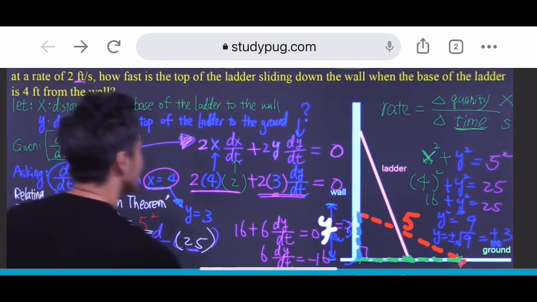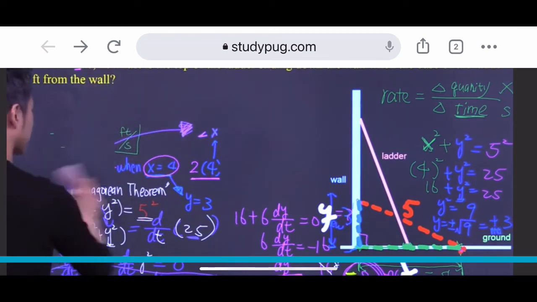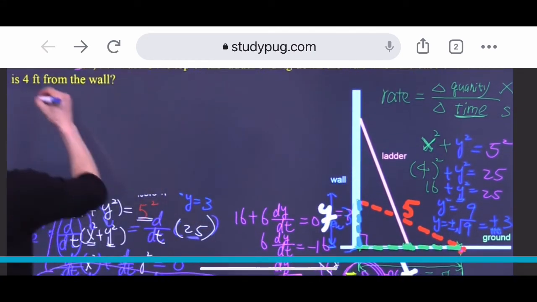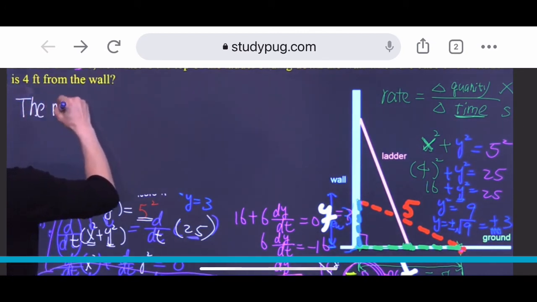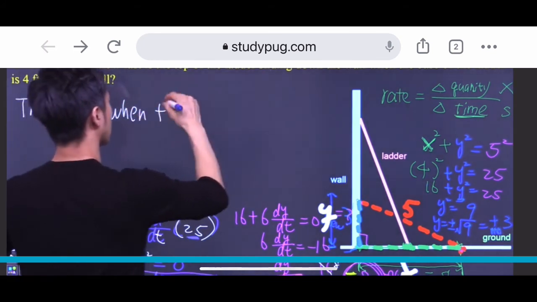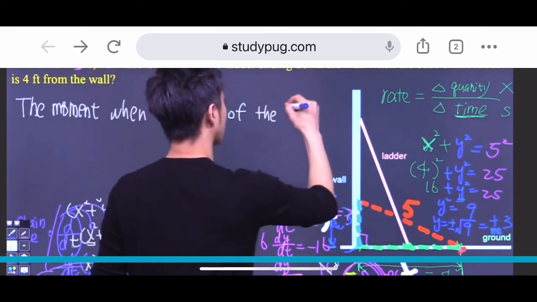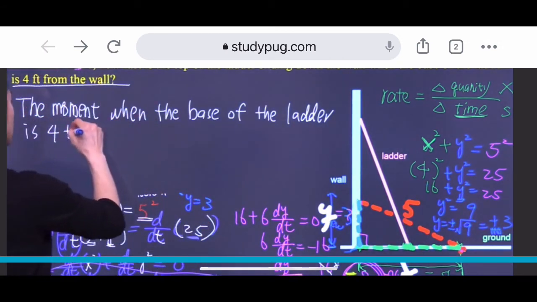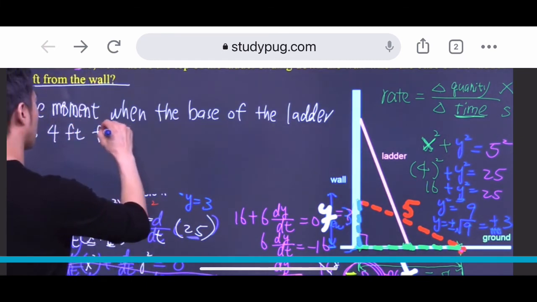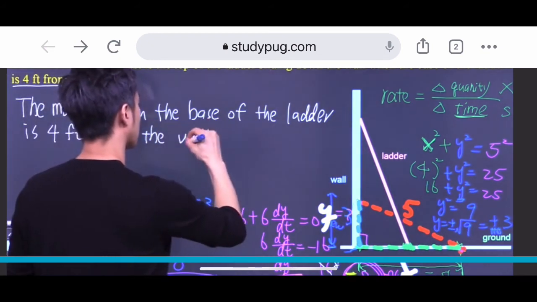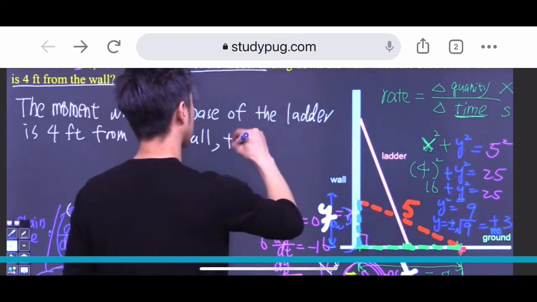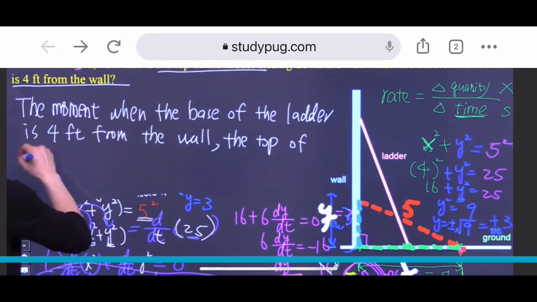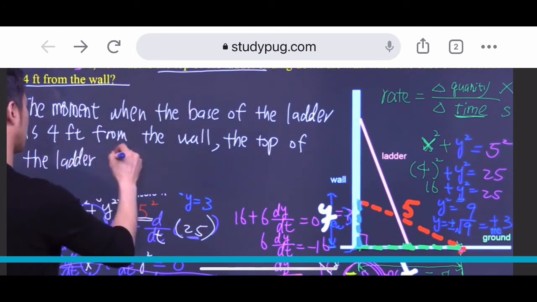So to put the answer in a complete sentence, we will say that the moment when the base of the ladder is 4 feet from the wall, the top of the ladder is what?